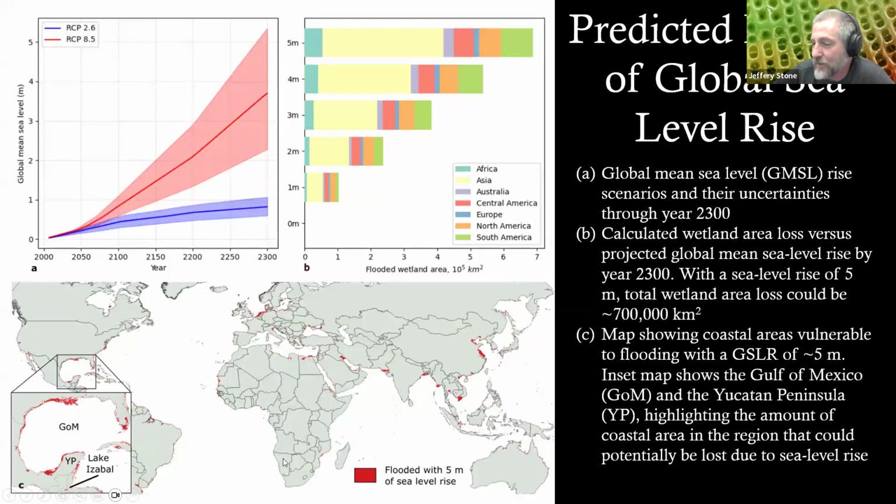One of the reasons that we think that this research is actually pretty important is because there are a lot of places that are near coastal environments where there's freshwater settings that could be inundated as sea levels continue to rise.